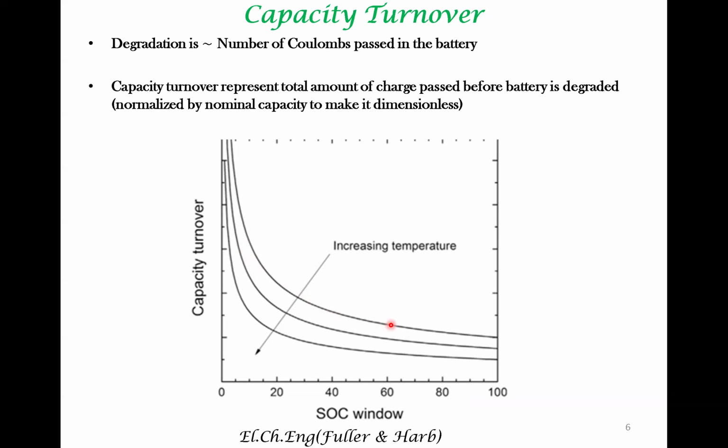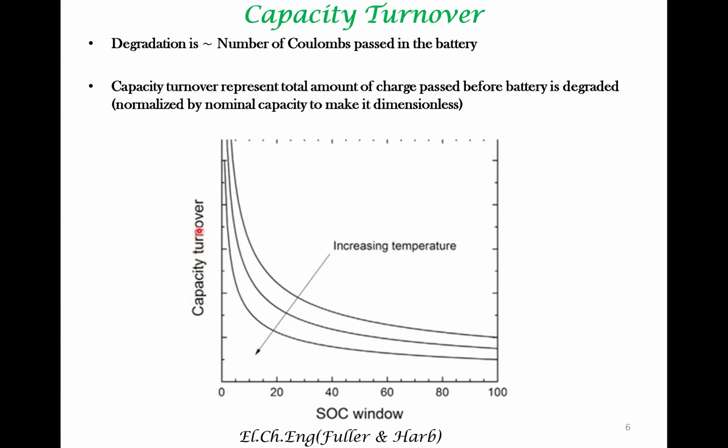because the degradation is enhanced if you discharge completely. So a way to think about degradation is if you keep the SOC window to a smaller number, then the capacity turnover number is greater.